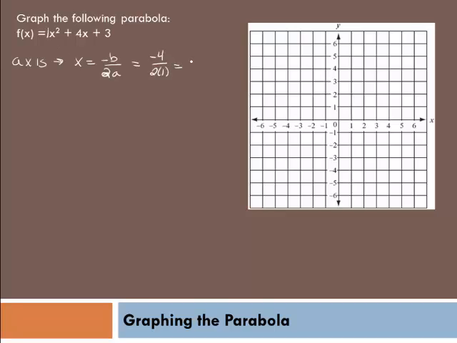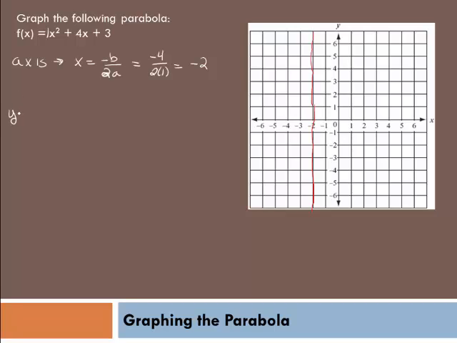That gives me negative 4 over 2, so that's negative 2. Okay, so that means our axis is this line here on x equals negative 2. And usually I do that in red or a highlighter or a light pencil, so I know that it's not actually part of the graph, it's just my axis of symmetry.